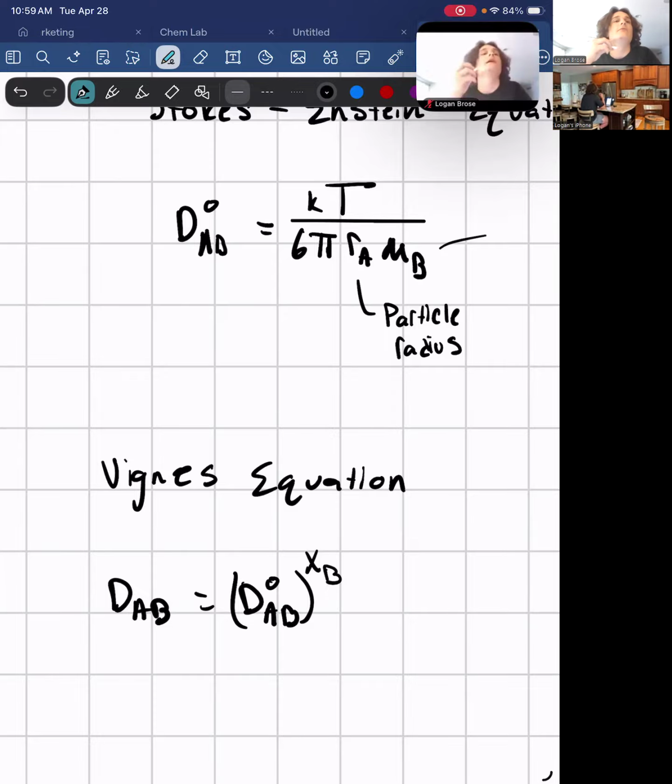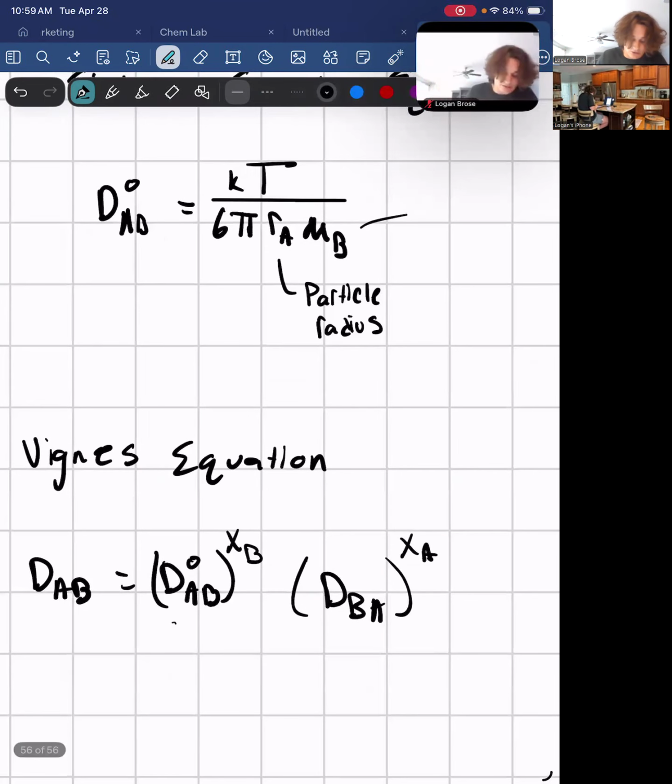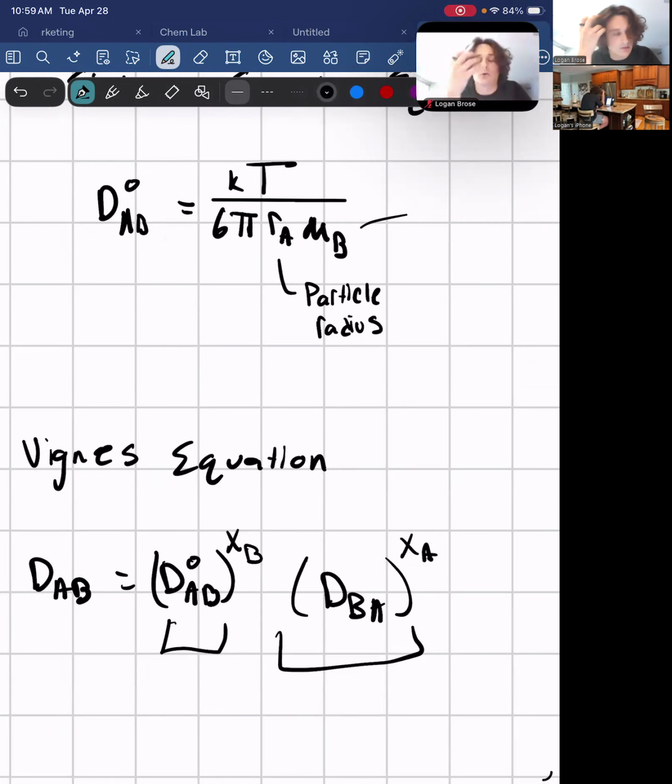So if you have high concentration of A, it's going to be raised to the power of B. And then you multiply that by D_BA to the power of A. These are often able to be found online or in a textbook.